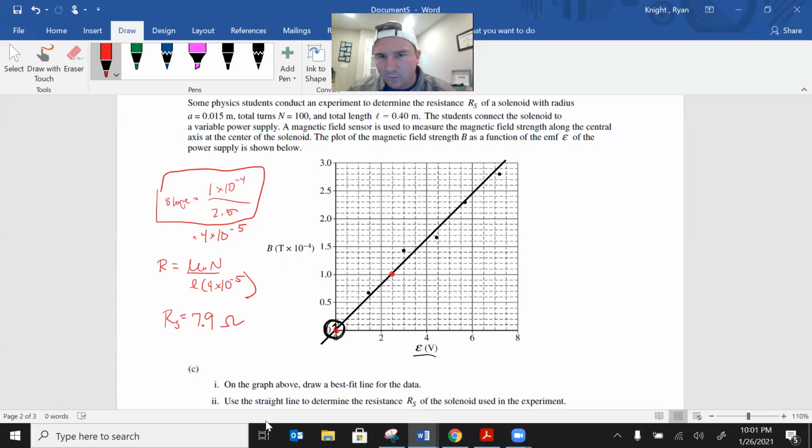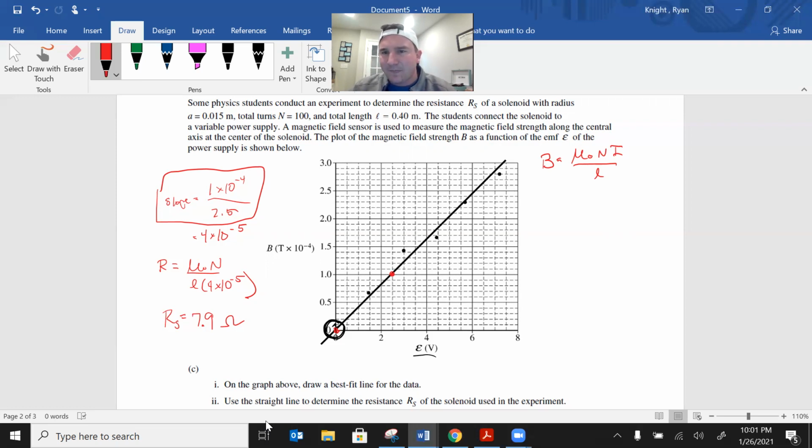The only equation we have to work with right now is magnetic field is mu naught times N times I over L, right? Which doesn't seem like it's that great for us because it doesn't have E in it. It doesn't have potential in it. It doesn't have EMF.